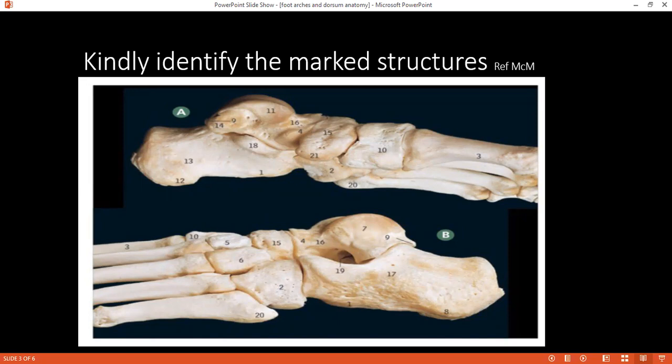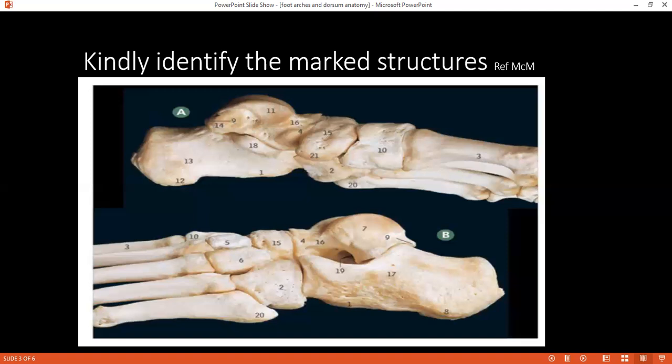Now after identification of the bones of the foot, can you please tell me how many arches there are in the foot? There are the medial arch, lateral arch, and transverse arch. 3 arches, okay. Can you tell me the components of the medial longitudinal arch? There are bones, ligaments and muscles contributing to its formation.